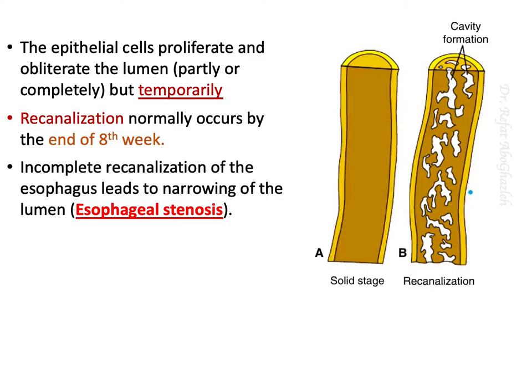Before that, if you take a look inside the esophagus at that time, you will see that it's obliterated, the lumen is closed. Why? Because of the proliferation of epithelial cells there. But this obliteration is temporary.